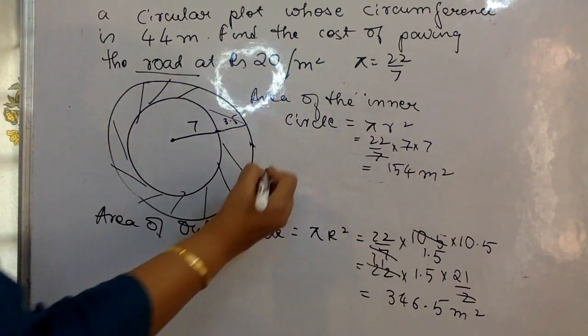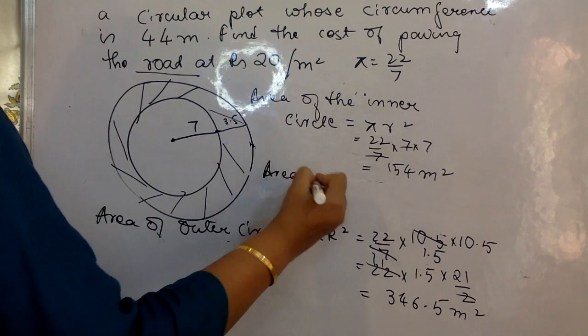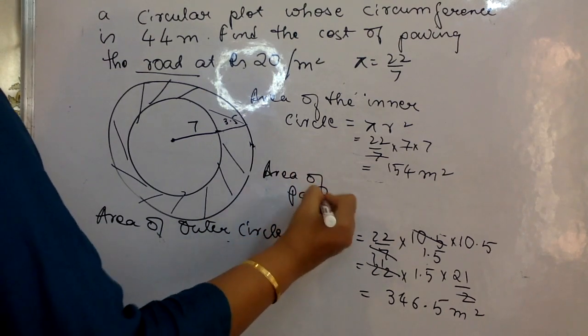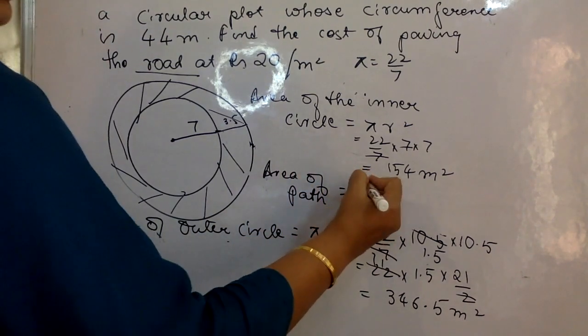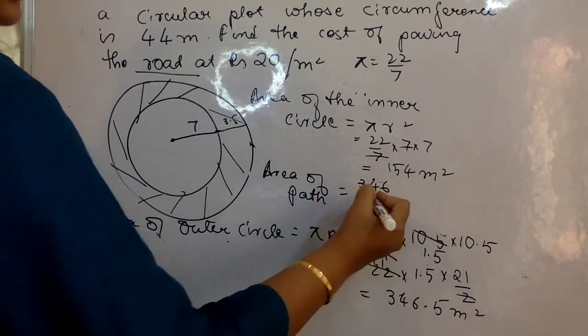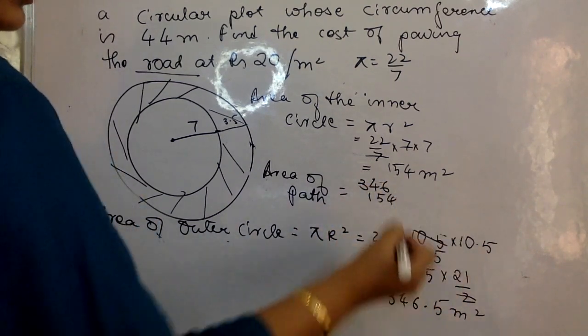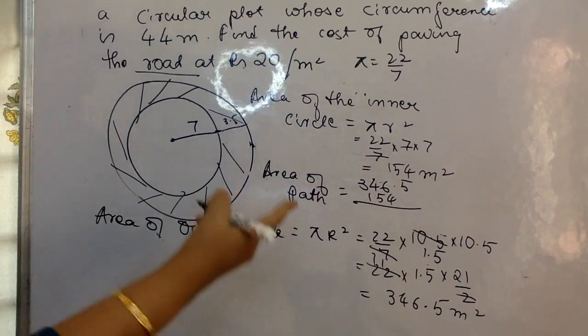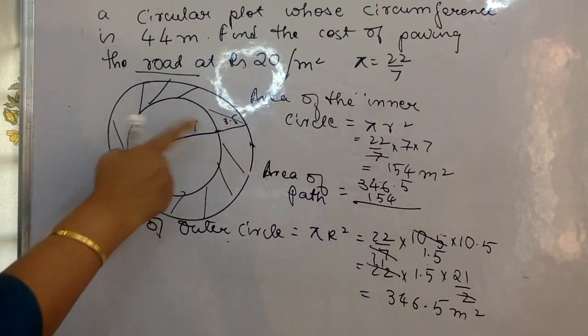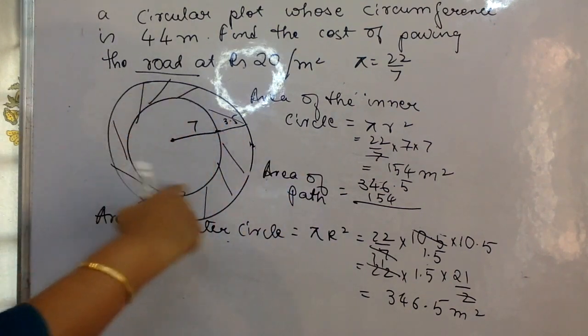Now if we want to find the area of the path, the area of the path is how much? 346.5 minus 154, that is outer circle minus inner circle, will give me the path area.